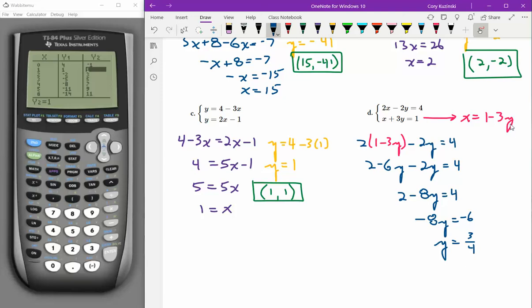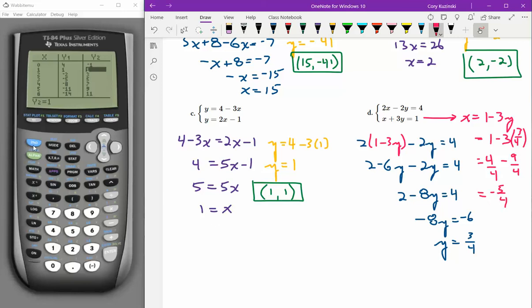And then I'm going to plug that 3/4 into this equation up here to get our x value, 1 minus 3 times 3/4. That's going to give me, let's see, negative 9/4 here. So let's make this 1 into 4/4, which is negative 5/4.